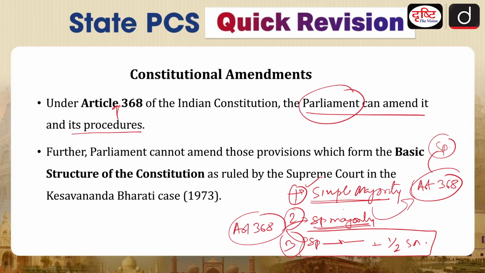Because of the Kesavananda Bharati judgment, given by the Supreme Court on 24th of April 1973, the Supreme Court said that Parliament can amend any provision given in the Constitution, along with the fundamental rights, but cannot tweak the basic structure of the Constitution. And what is the basic structure? That will be decided by the Supreme Court case by case, and it was also said that the basic structure is basically the philosophy of the constitution. You cannot change the philosophy of the constitution.